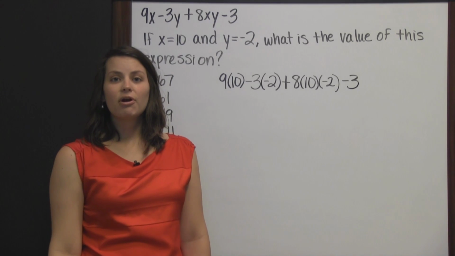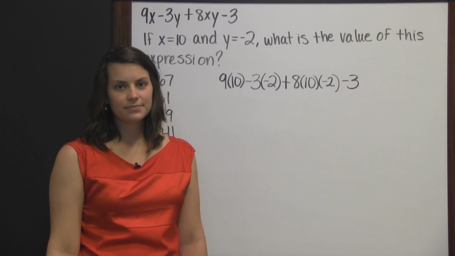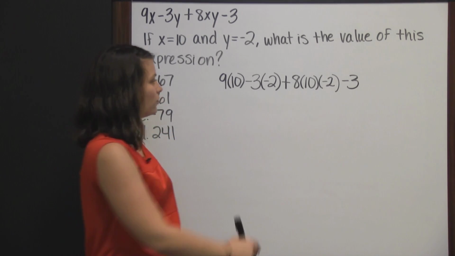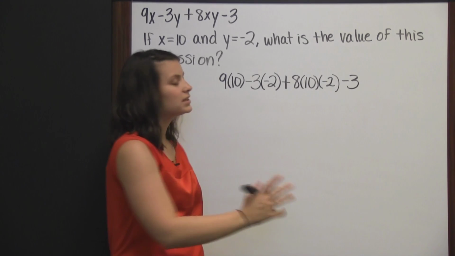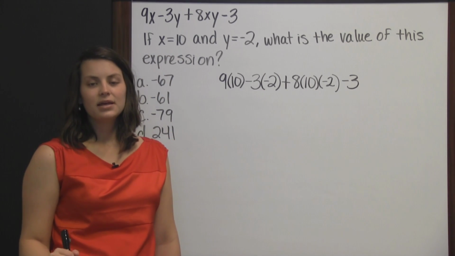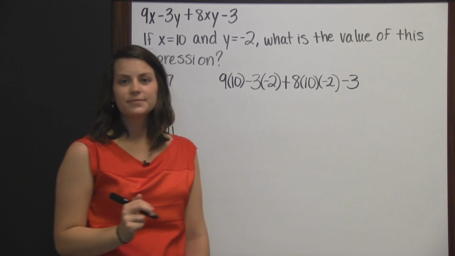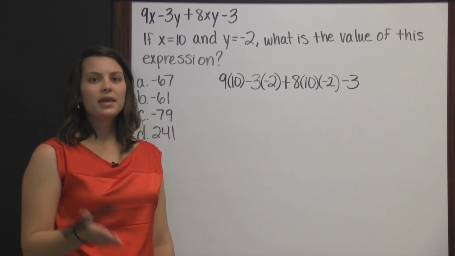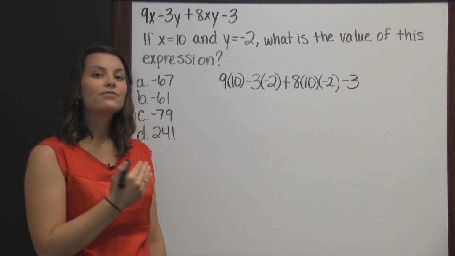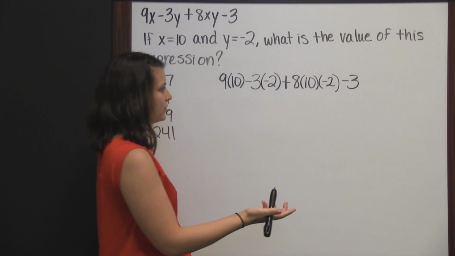Now we need to follow our order of operations. First would be grouping symbols, but in this case there aren't any. Next would be exponents, and again we don't have any. So after that is multiplication and division, working from left to right.